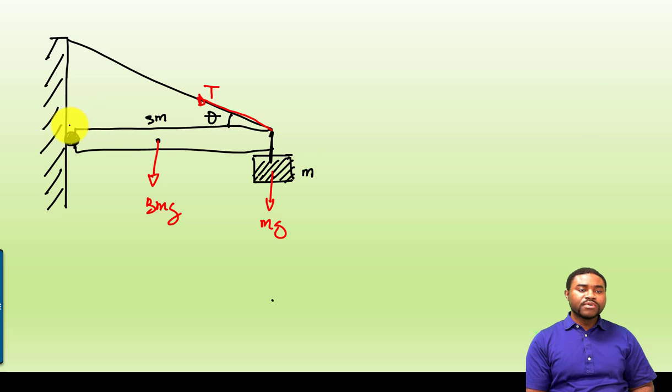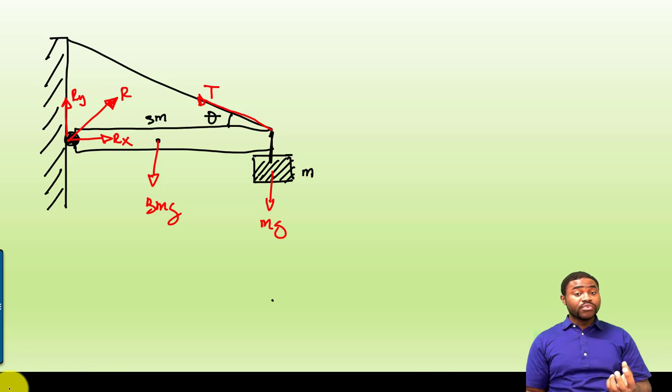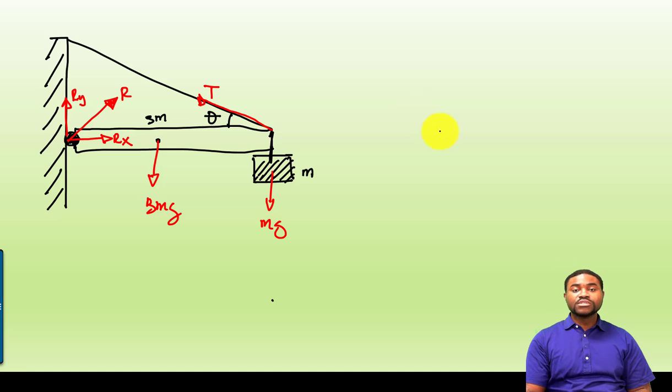If you remember that the pivot exerts a force like that, let's call that force R, which means it has an X component, Rx, and a Y component, Ry. That is the force the pivot exerts on the system. And this system is in equilibrium. That carries with it two implications.